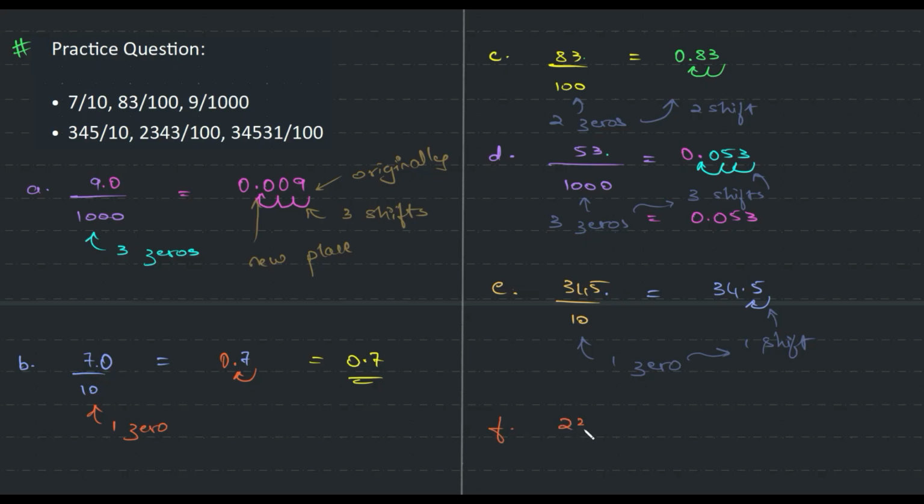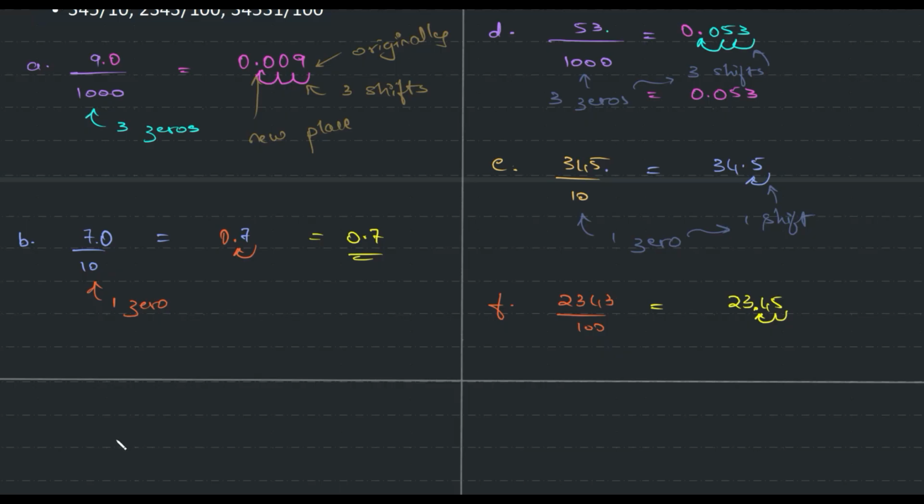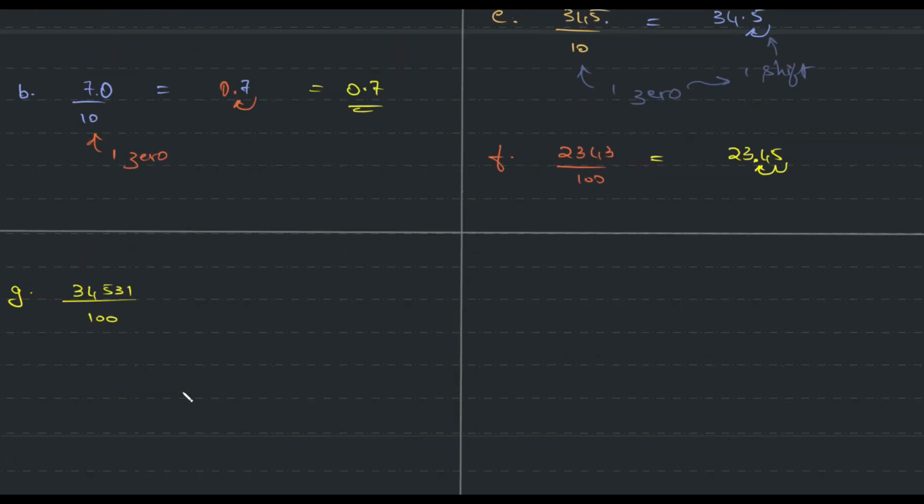Then we have 2343 by 100. These are two zeros, right? So the decimal is over here, first shift, second shift. So it will be over here basically. And finally we have 34531 divided by 100.